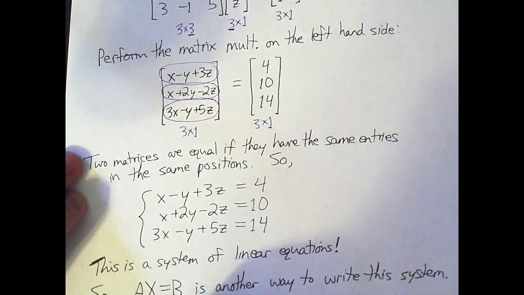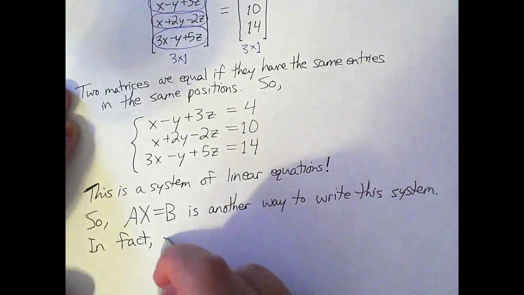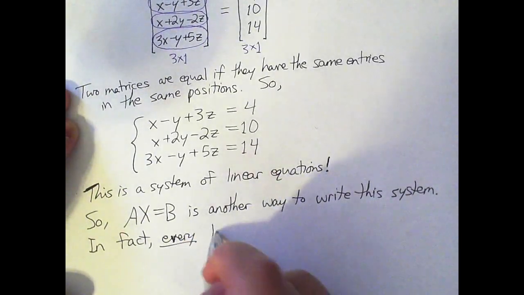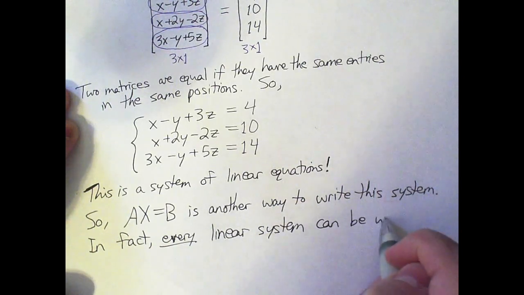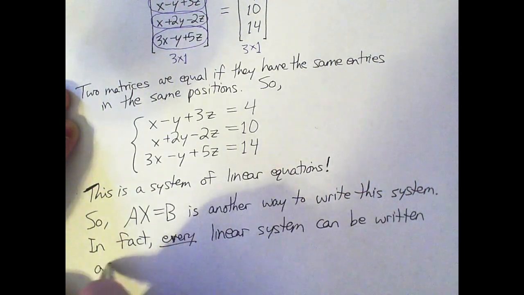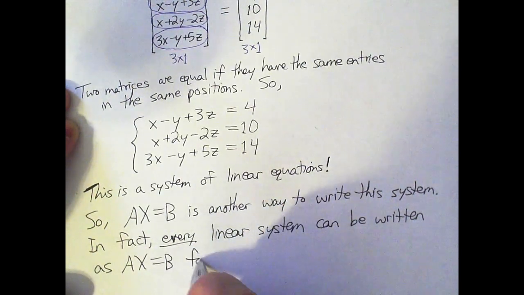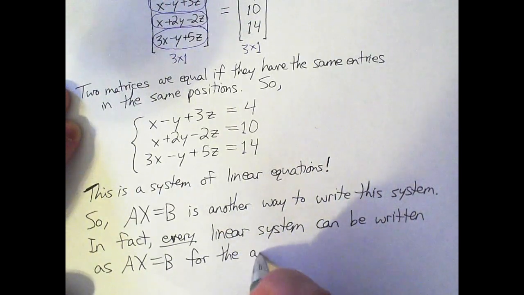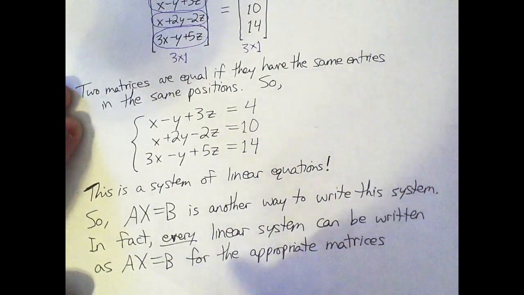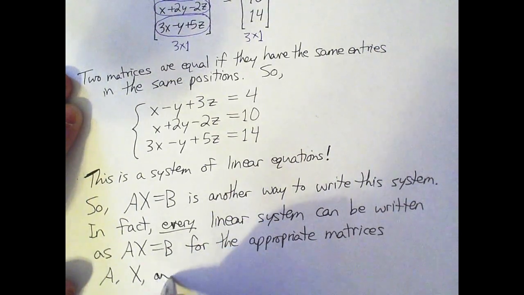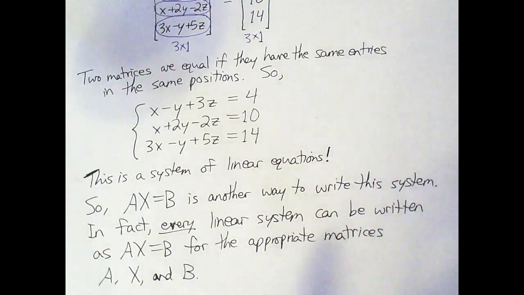In fact, every linear system can be written as AX equals B for the appropriate matrices A, X, and B. So this is a connection between matrix multiplication, which we just did, and systems of linear equations.